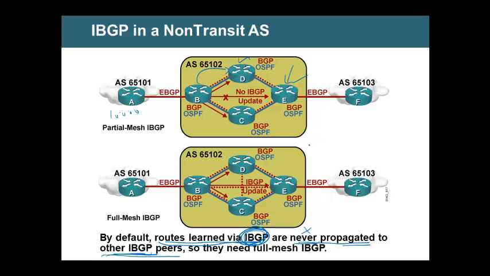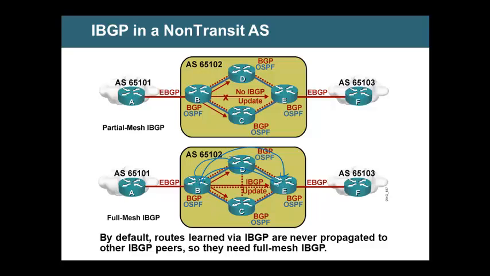So, when you form full mesh, this guy will give to this guy. B will also deliver to this guy directly. Even if the packet is going via D, it is delivered to whom? E only.